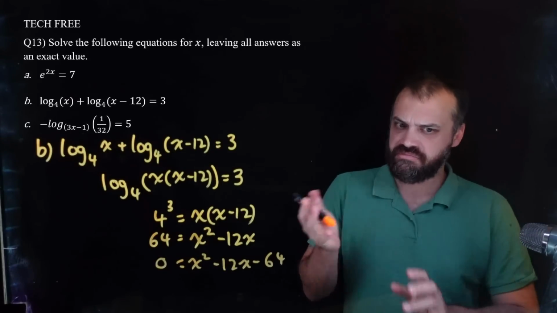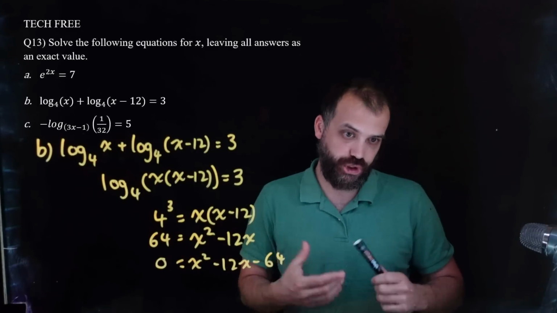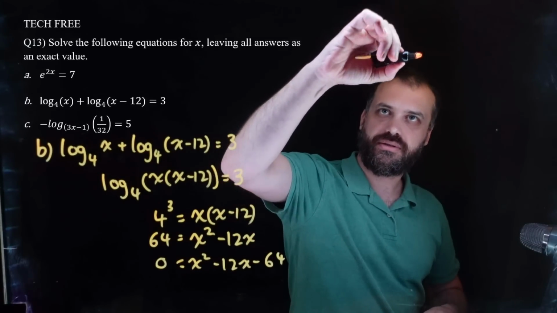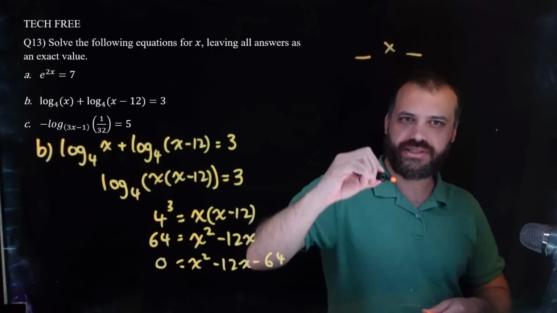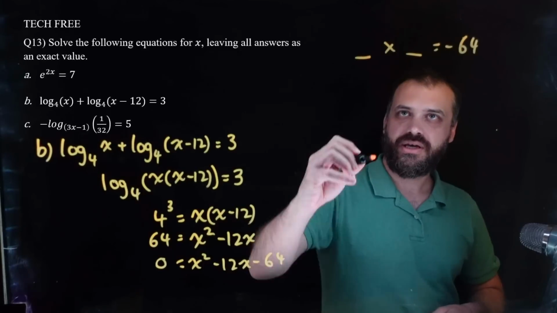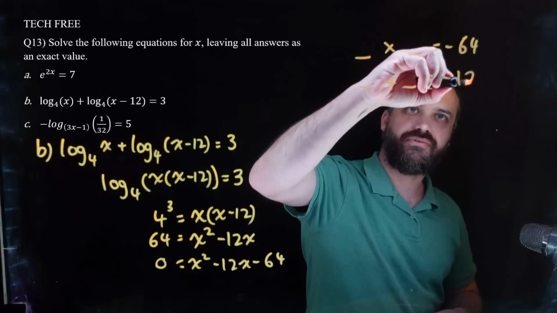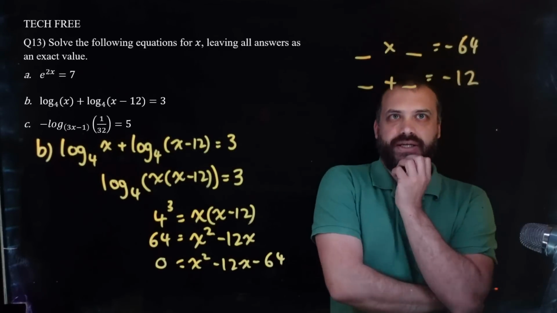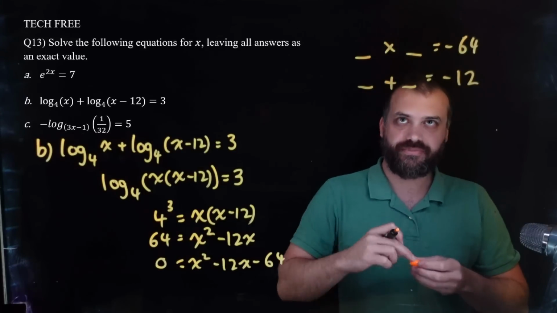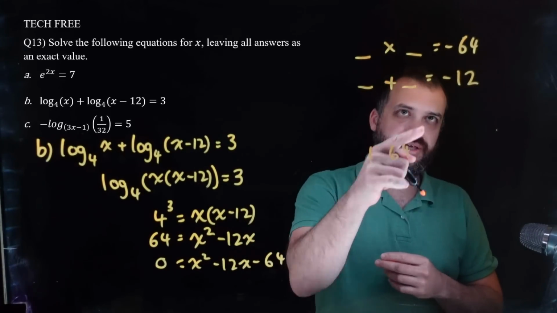Wow, okay. What is that? I was going to factorize this off camera, but I think maybe I should show you how I would do it. Okay, so I need two numbers that when multiplied together make negative 64, this value here. And I need two numbers that when added together make negative 12. The way that I approach this is I try to be a bit systematic with it. I go, okay, would 1 and 64 be useful, because they multiply to make 64?